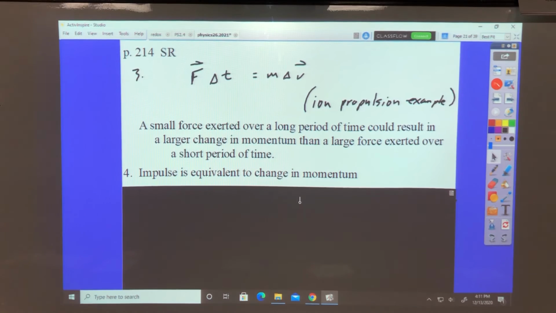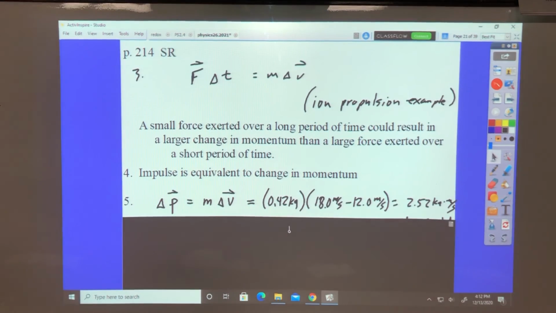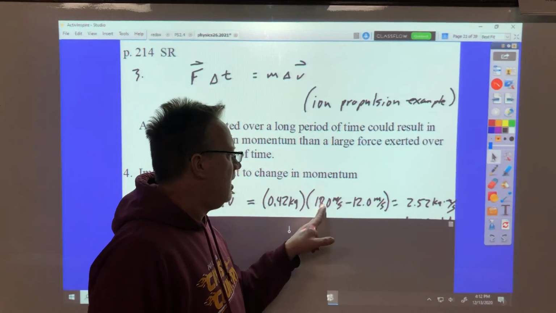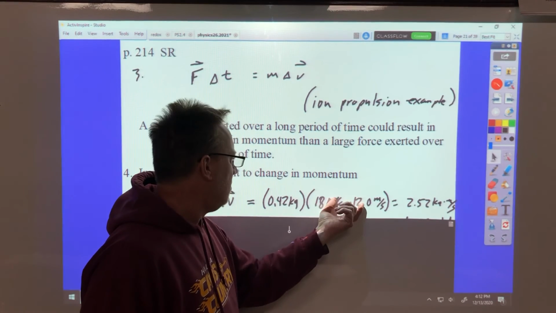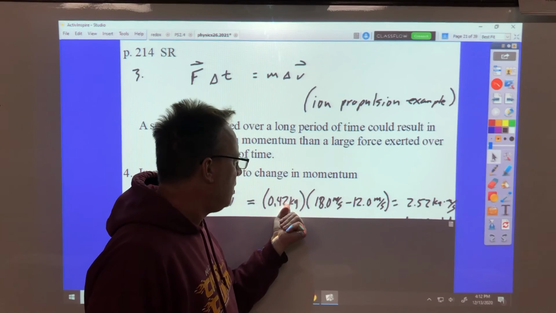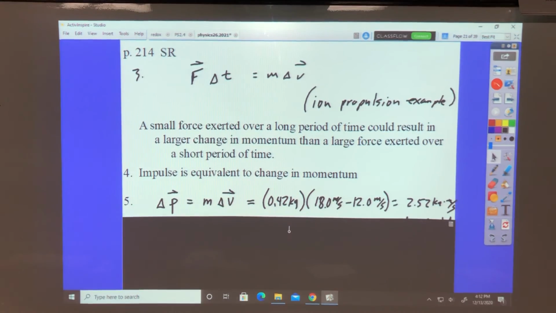Number 5, a 0.42 kilogram soccer ball is moving downfield. A player kicks the ball so it has a final velocity of 18 meters per second downfield. What is the change in the ball's momentum? Well, it starts at 12 meters per second, ends at 18, so that's a delta V of 6 meters per second times 0.42 kilograms is 2.52 kilograms times meters per second.